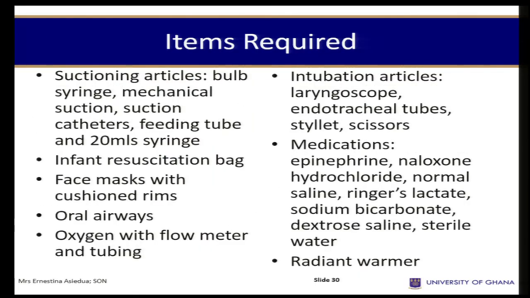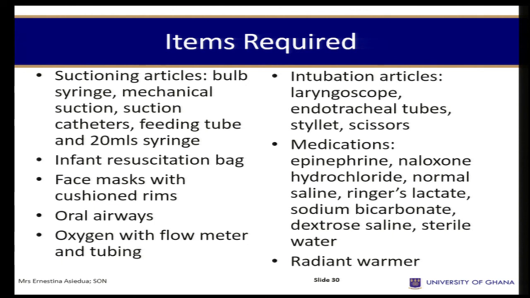These are the items you may require depending on your facility. You may need suctioning apparatus with other articles like the bulb syringe. You have mechanical suction, catheters of different sizes. You have infant resuscitation bag, face mask with cushioned rims if possible. You have oral airways, oxygen with flow meter and tubing. You have intubation articles, laryngoscope and endotracheal tube.